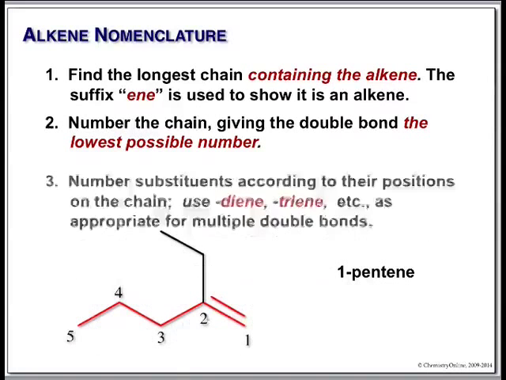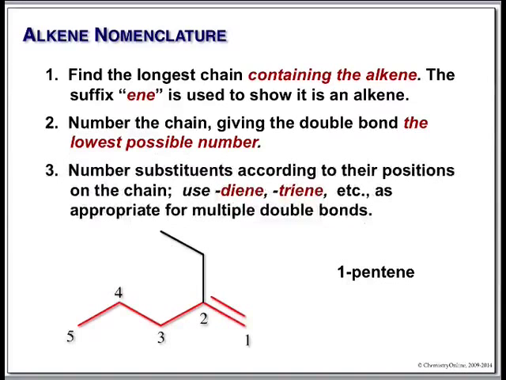Now we go and we look and see what else is attached. If we had more than one double bond, we would call it diene, triene. In this case, we only have an ethyl group here attached to carbon 2, so we would call it 2-ethyl-1-pentene.